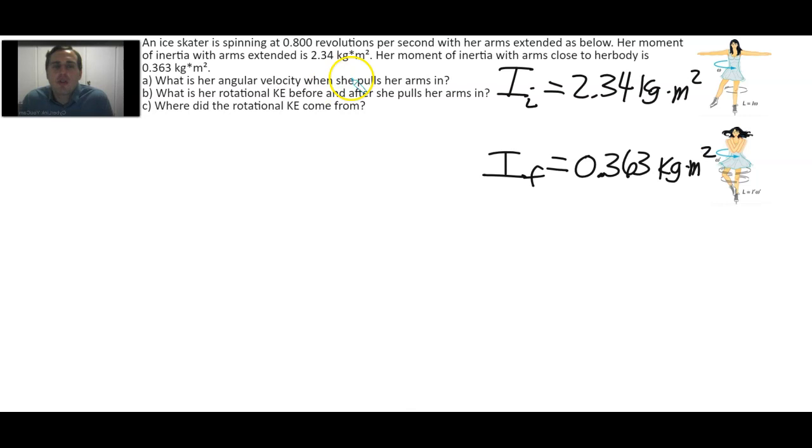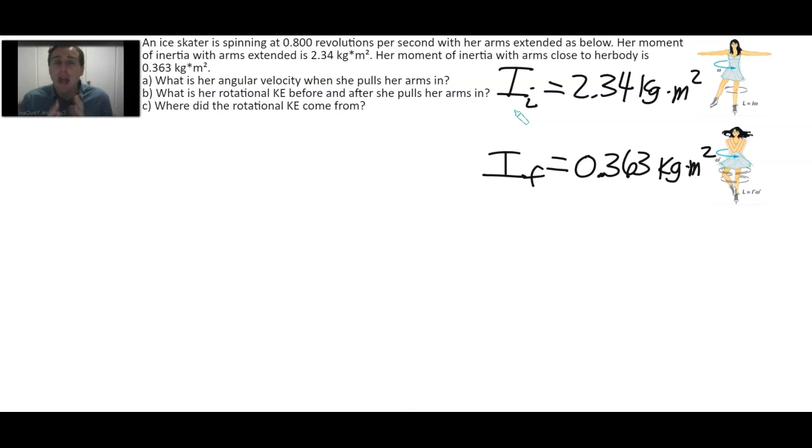Now, how do we know this is the conservation of angular momentum? Her angular velocity is going to change because her rotational inertia changes. And intuitively, if the radius gets smaller, you've seen ice skaters probably do this before, she spins faster. She does have a torque, but her torque is internal.